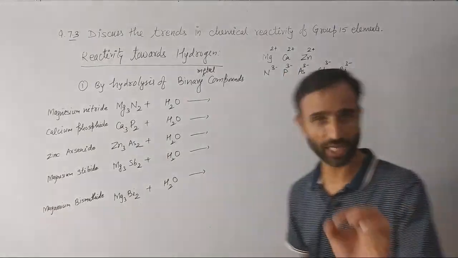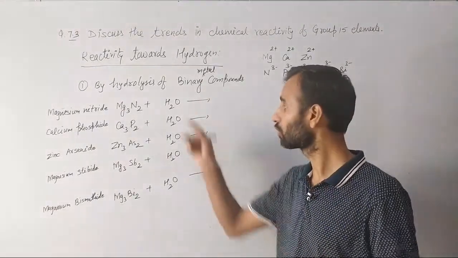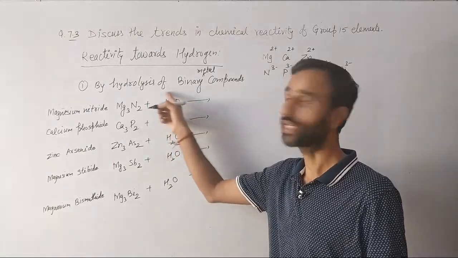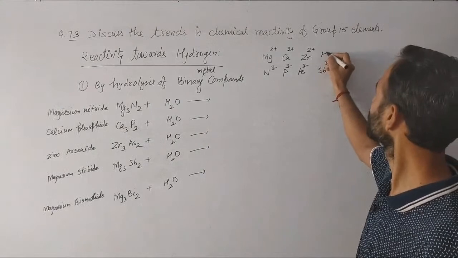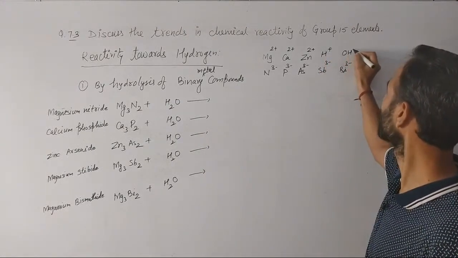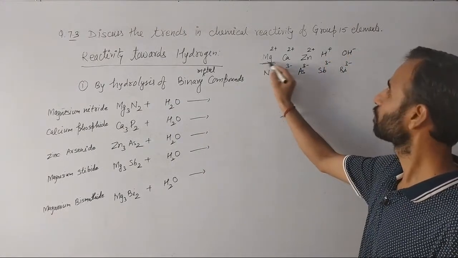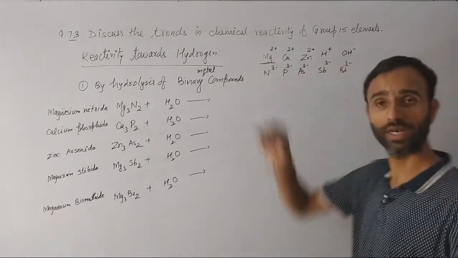Magnesium is 2+, so it will attract out of H2O, H plus and OH negative. You know, it has H plus and OH negative. So obviously these positive ions will attract negative ion.